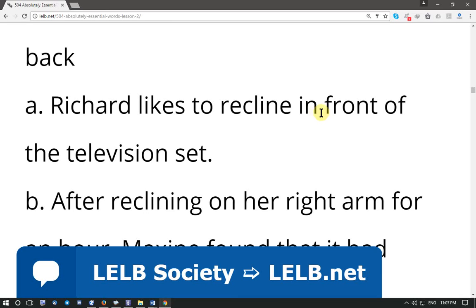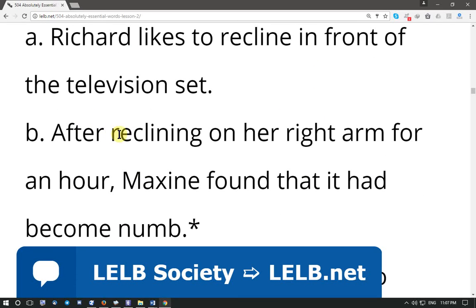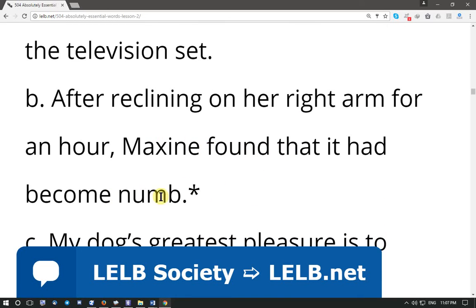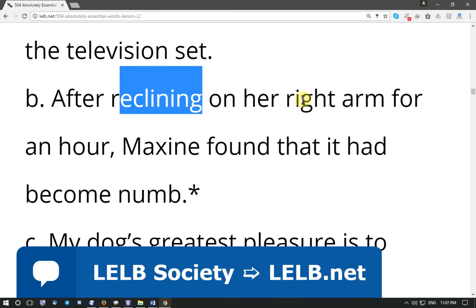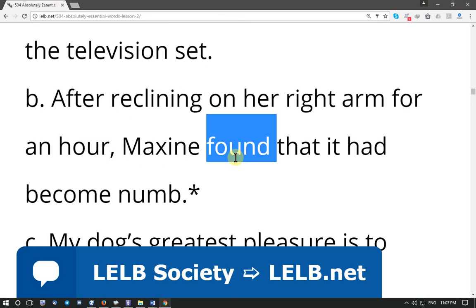B. After reclining on her right arm for an hour, Maxine found that it had become numb. After reclining or lying down on the right arm for a long period of time, Maxine noticed or realized that it had become numb.